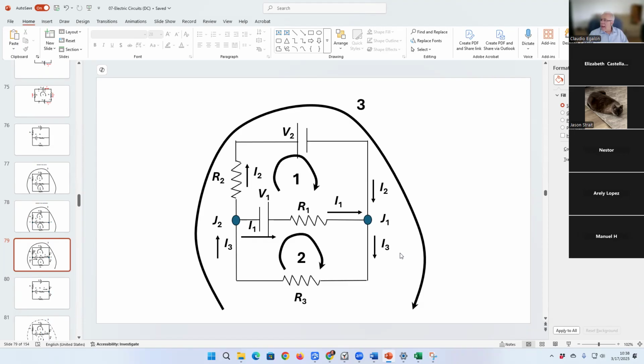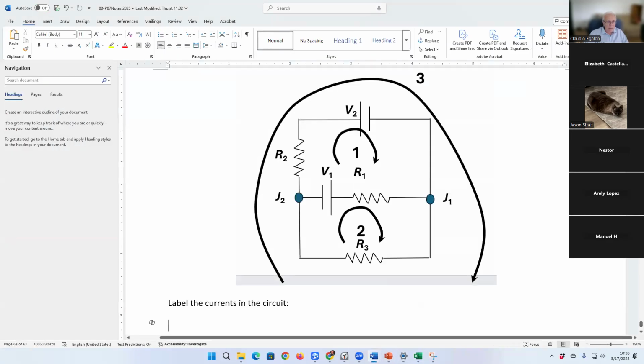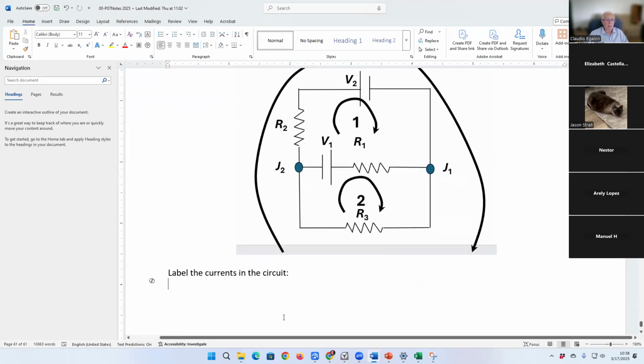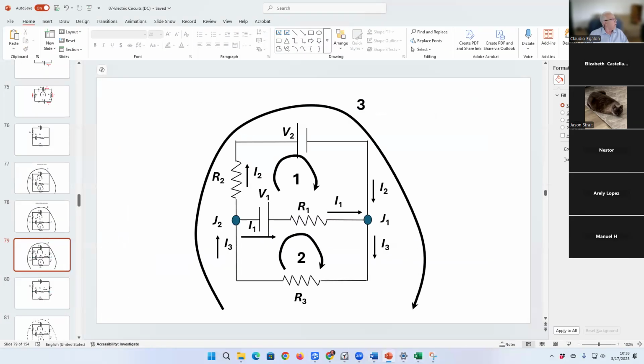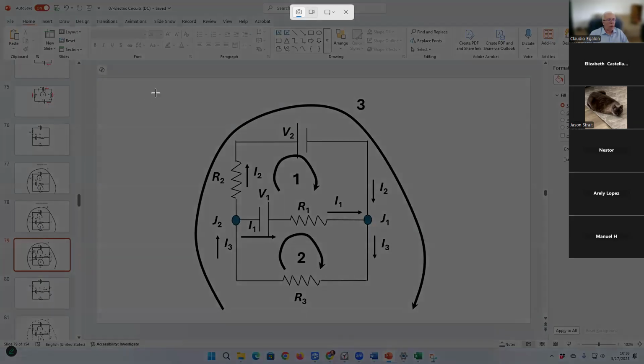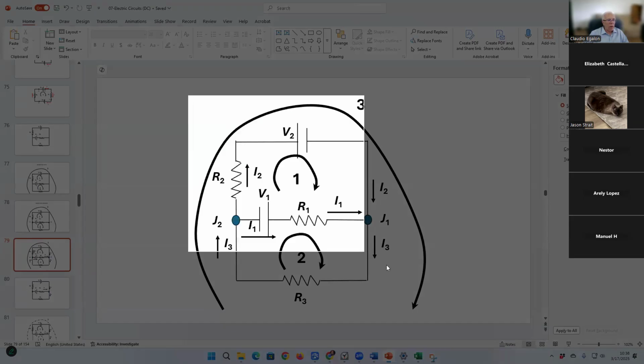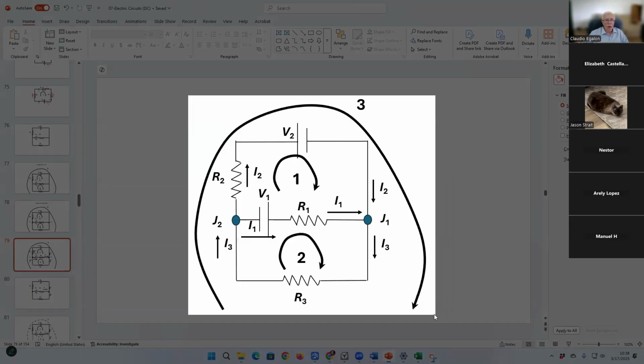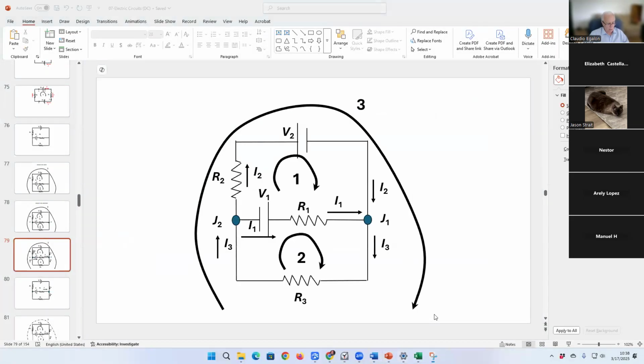Now there is a little secret about the loop law. Label the currents in the circuit. Let me put the current now. I'm going to copy the current as well. See how this drawing is becoming? We are adding more and more information to this drawing. Okay, so here we go.